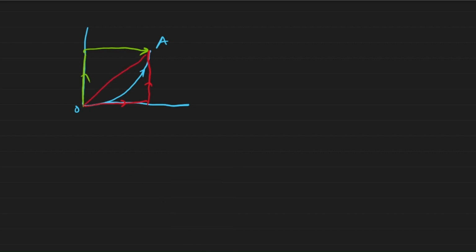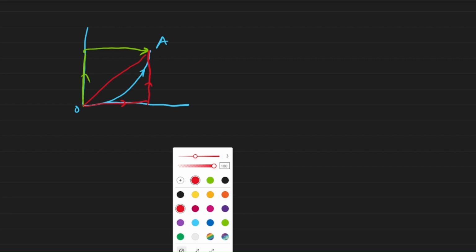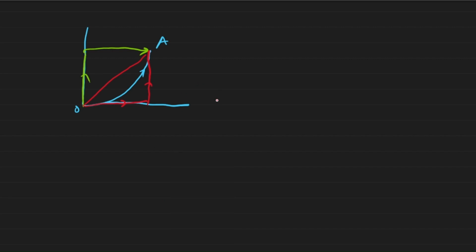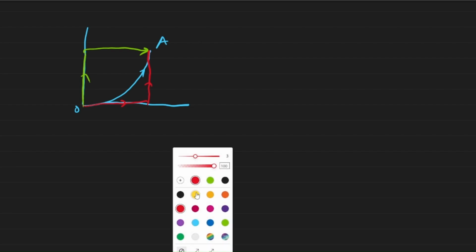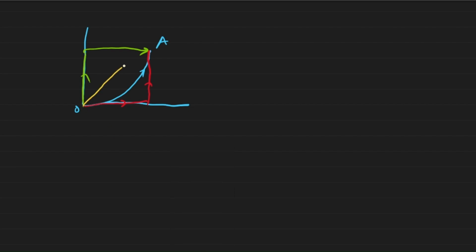Sorry, let me just use another color there. So regardless of the path that we take from O to A, we'll get the exact same value, because if we go back along any other path, we'll get the same value, because the integral of the exact differential should be 0. So let's prove that point.